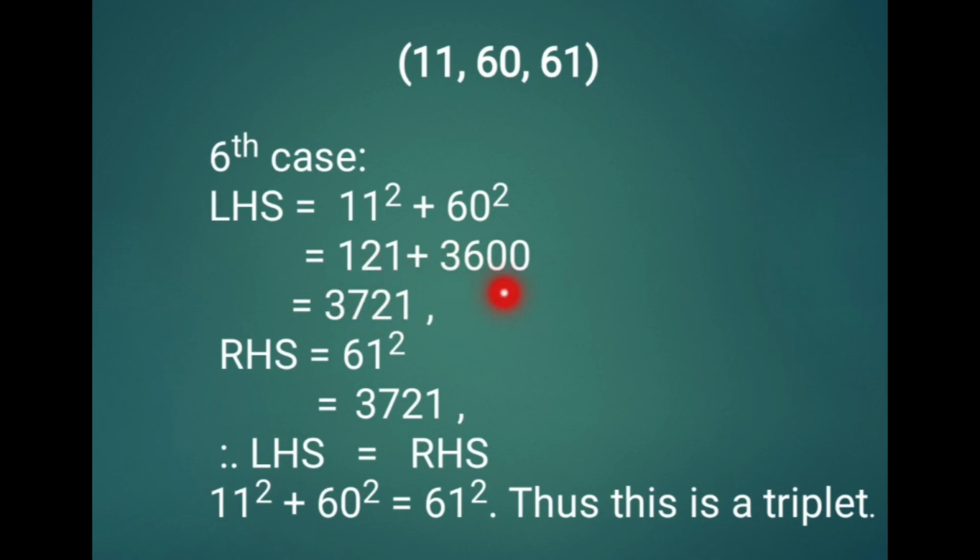So after adding these two, we get 3721. Therefore RHS, that is the square of 61, is 3721. So from these two we say LHS equals RHS, that is 11 square plus 60 square equals 61 square. Thus this is a triplet.